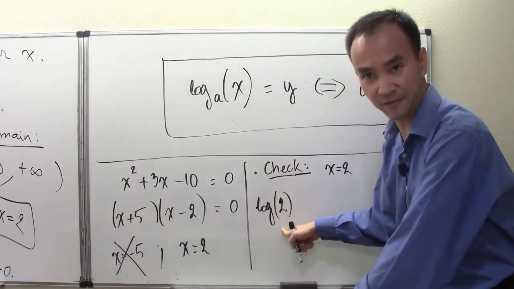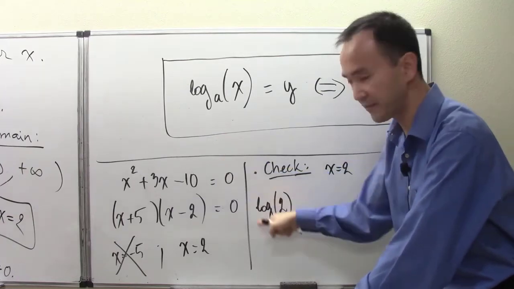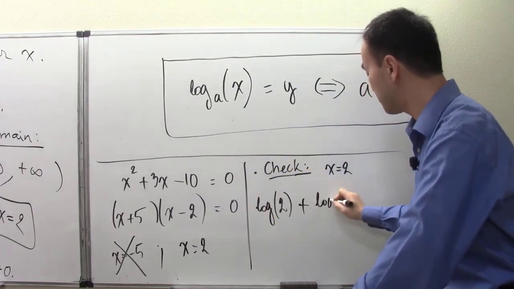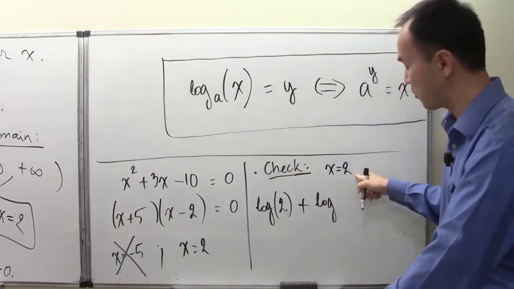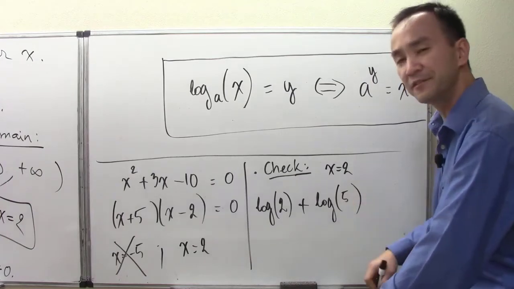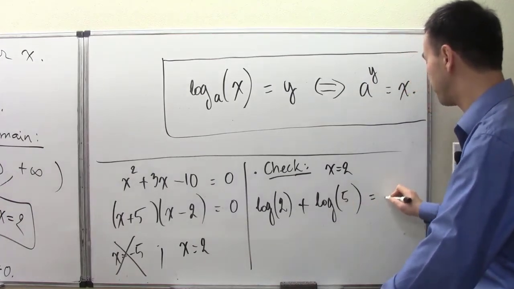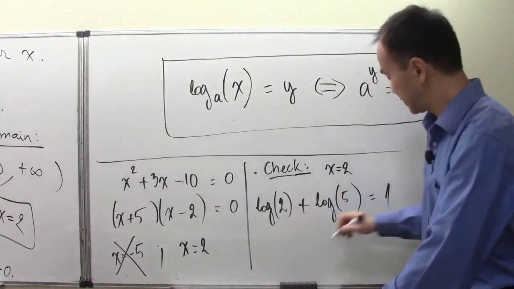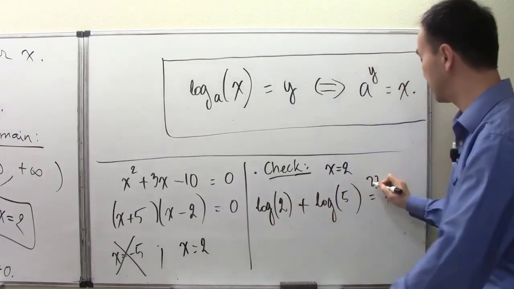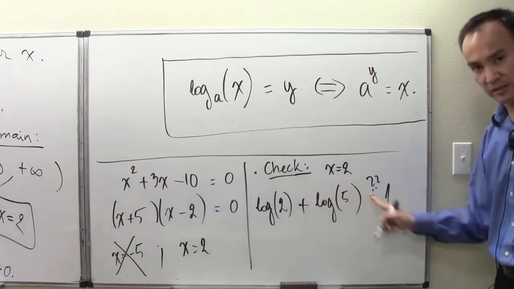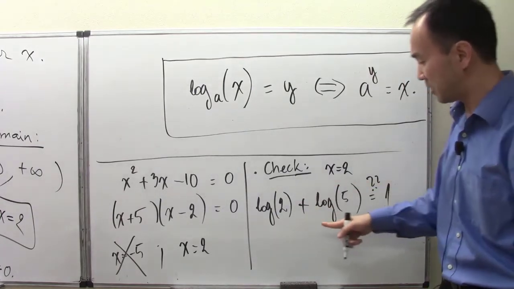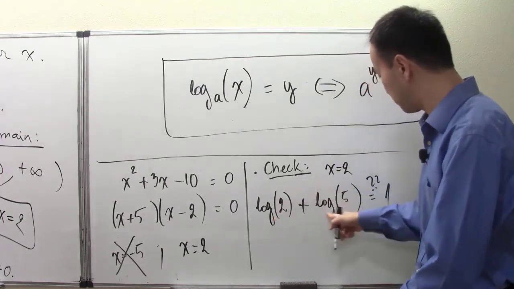At least that first term works, giving a defined value, plus log base 10 of x plus 3, which with x substituted by 2 is log base 10 of 5, and that equals 1. Let's find out if this equality really holds, and then we'll put a check mark there. So, log base 10 of 2 plus log base 10 of 5.